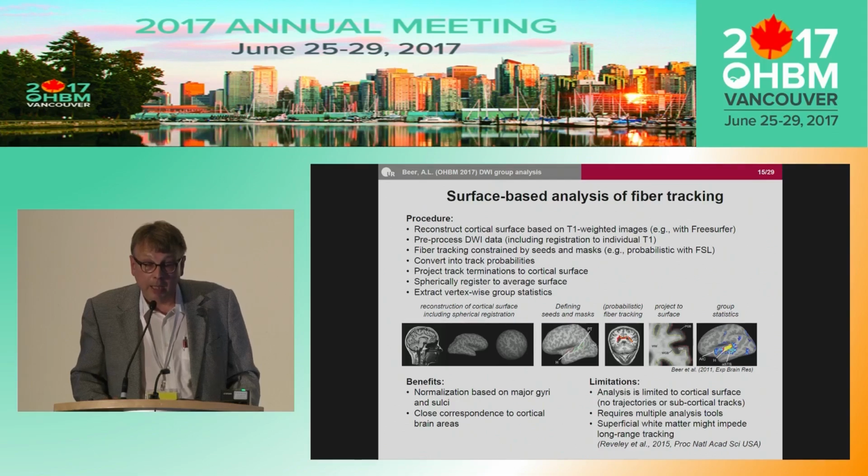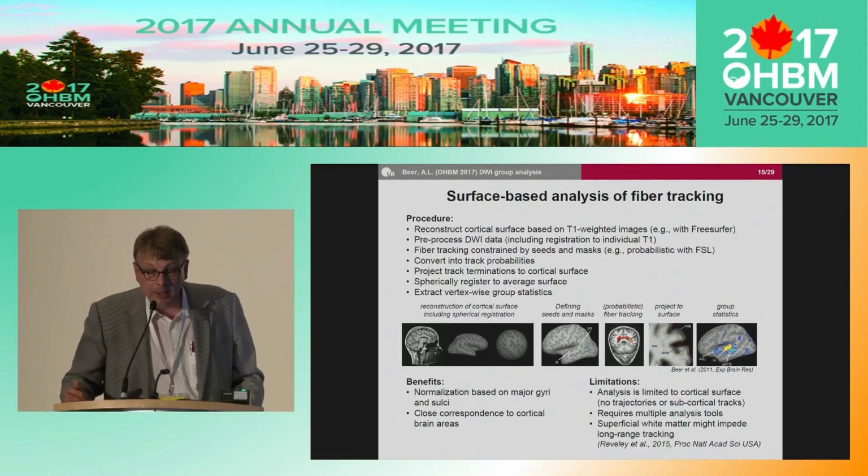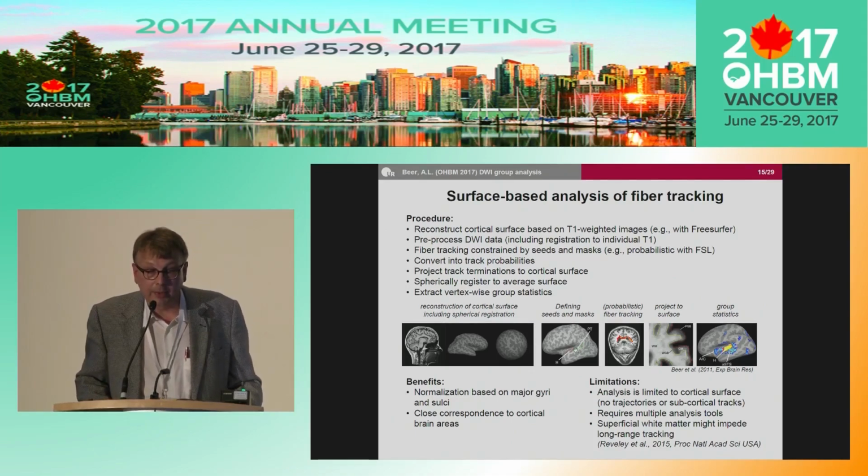This is an example of how I apply this surface-based analysis for fiber tracking. So you can seed the tracking algorithms by seed regions defined on the surfaces. You identify them, then you track through the white matter.